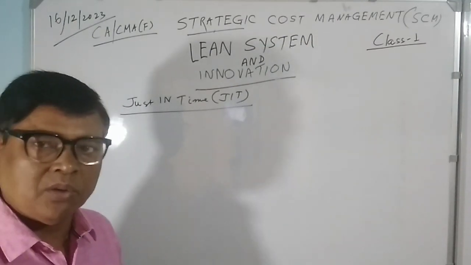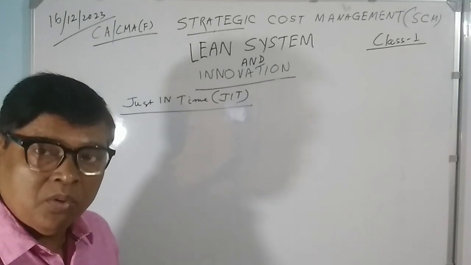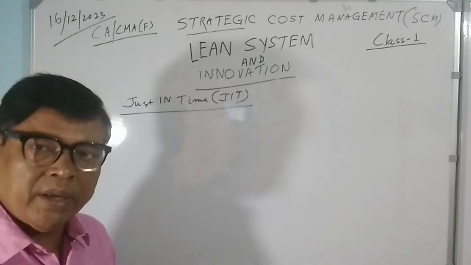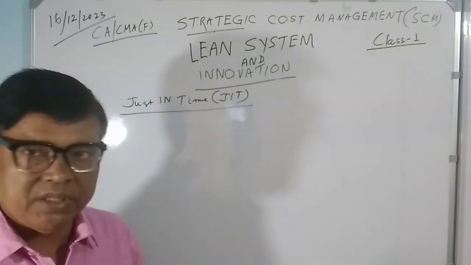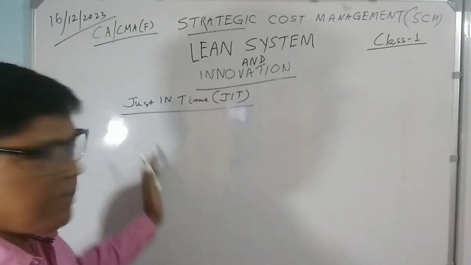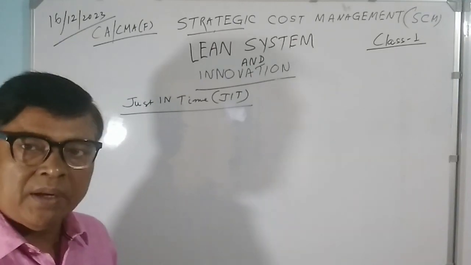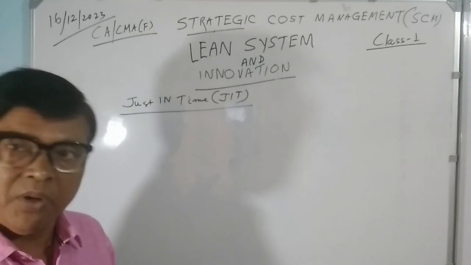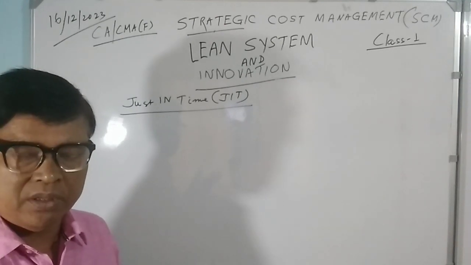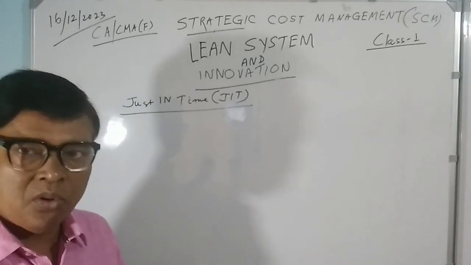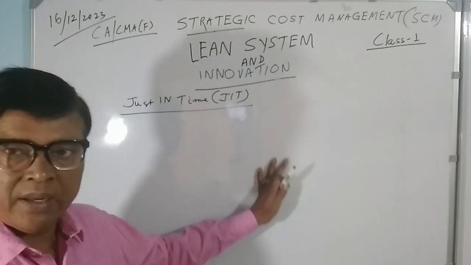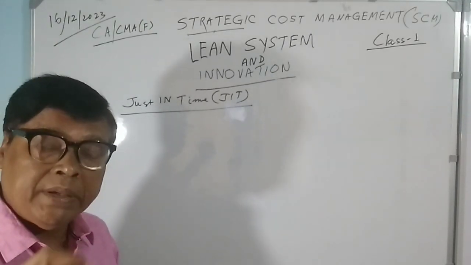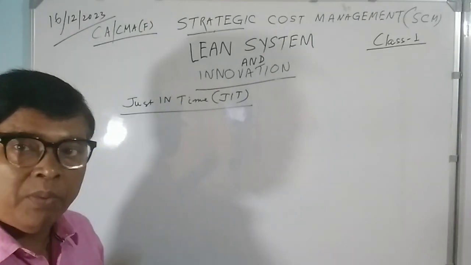Wastage you cannot control 100%, but you have to standardize which way you should follow. If you follow these different 7 stages, definitely you will have some control over your production process, because ultimately if wastage control is there, your cost of production also will be standardized and you will be competitive to your buyers.